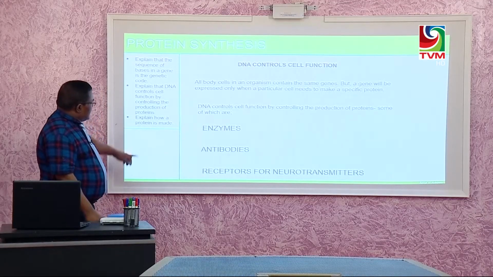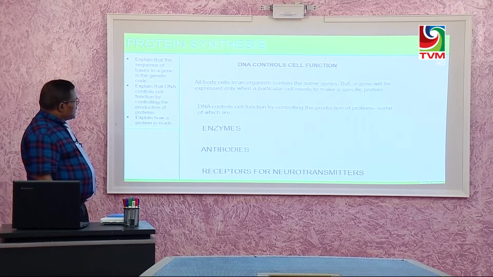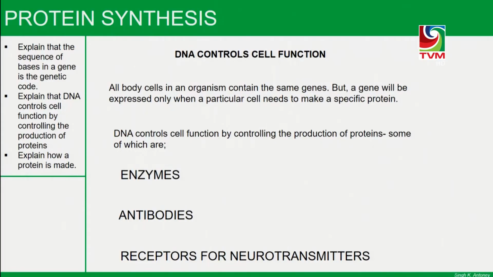And coming to the second objective given here: explain that DNA controls cell function by controlling the production of protein. DNA controls the cell function, and always remember that all body cells in an organism contain the same genes. In the previous episode we studied about genes.